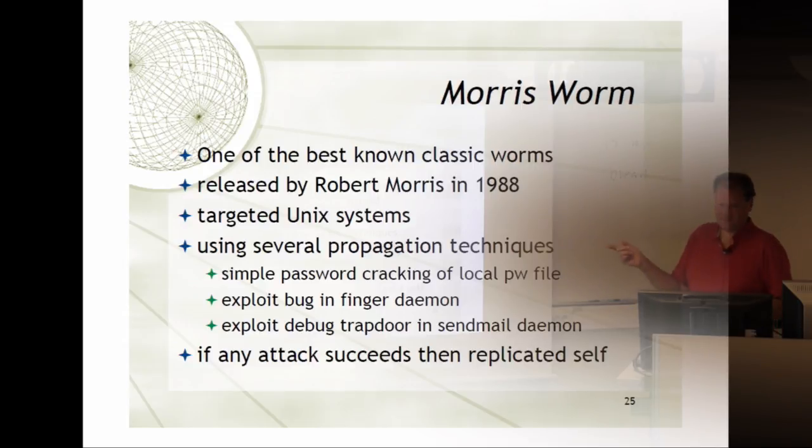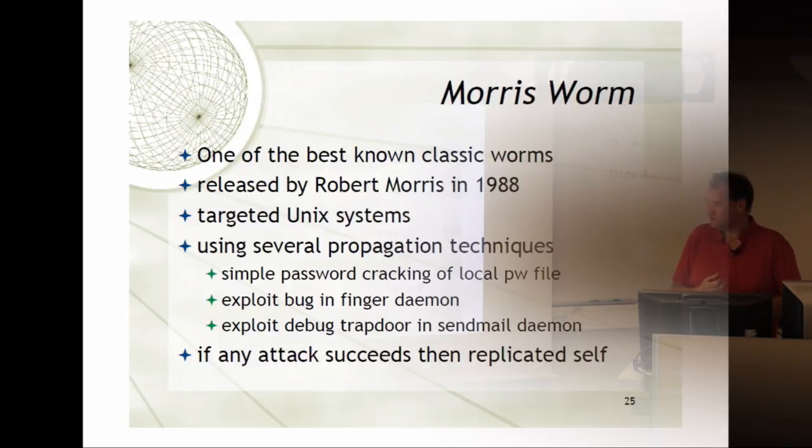But there was a bug that made it possible to send in code and actually get it activated on that other system as well. And then third, if that failed, it also tried sendmail, which, as you know, is used to send email with the SMTP protocol.